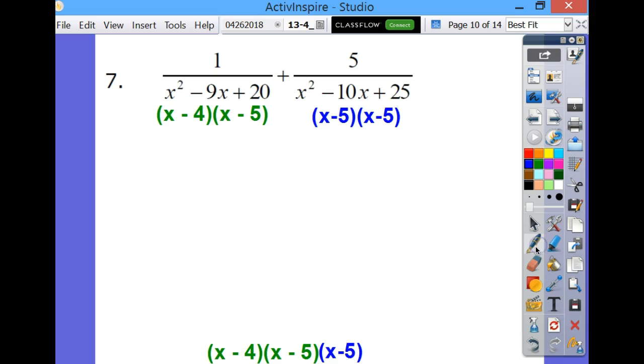Okay. So, what do I need in this denominator to make it equal to that denominator? I need another x minus 5. What do I need in this denominator to make it equal to the one on the bottom?